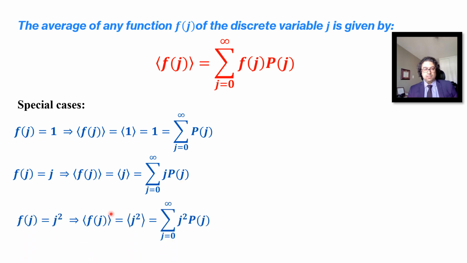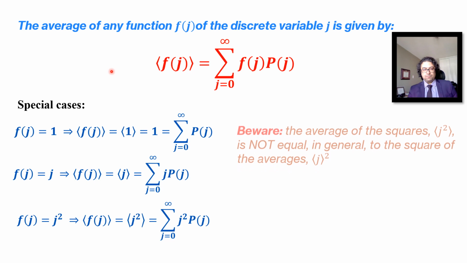And if f of j is j squared, the average of j squared would also look like this, as we saw in the previous slide. So you can put in any function of the discrete variable in this equation and calculate its expectation value or its average value.